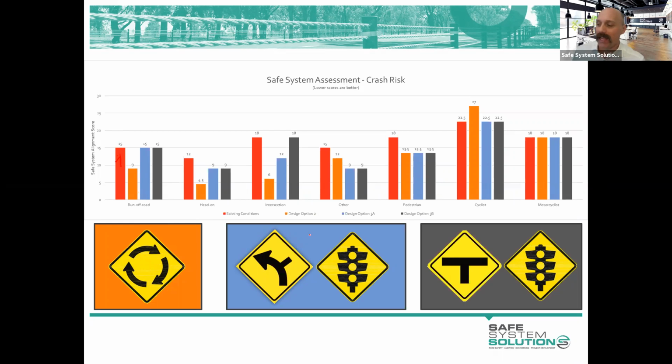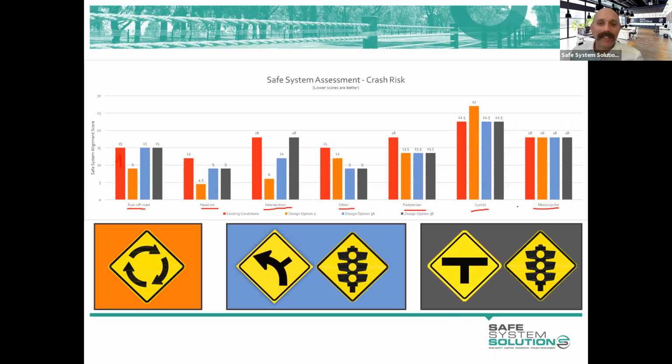And the grey is a conventional T-style intersection with traffic signals as well. In a safe system assessment, there are these scores given for a whole lot of crash types: run-off road, head-on, intersection, other, which I'll tell you about in a minute, pedestrian, cyclists, and motorcyclists.